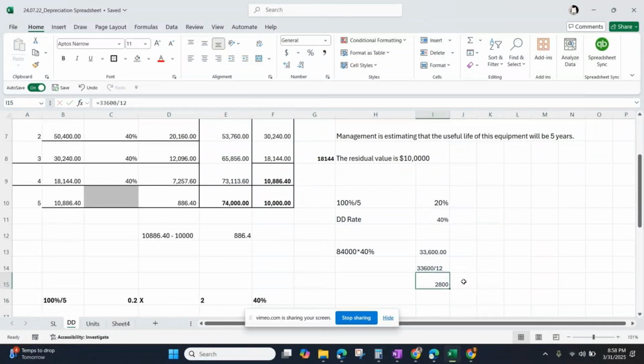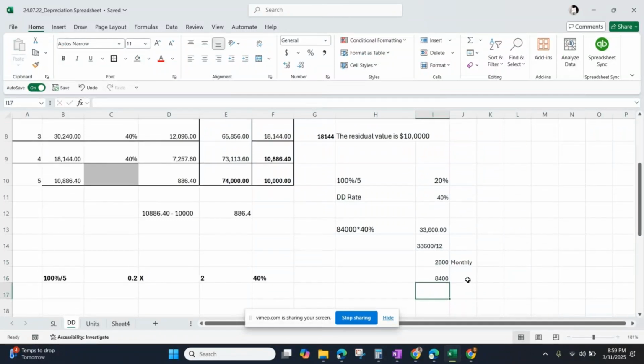This gives me the monthly depreciation expense. Now I can multiply this amount by 3 months. And this gives me the depreciation expense for 3 months of the year.